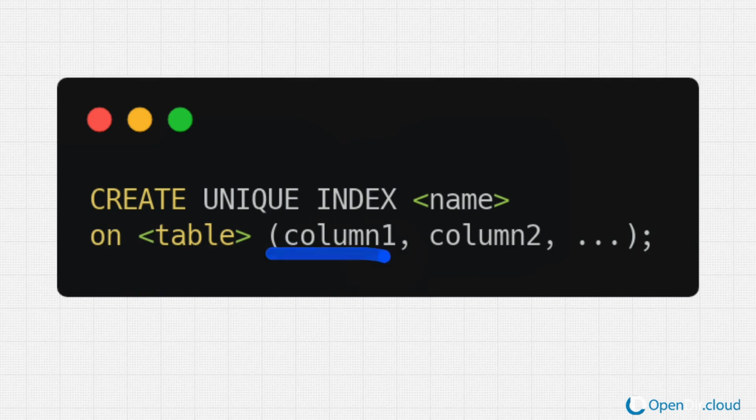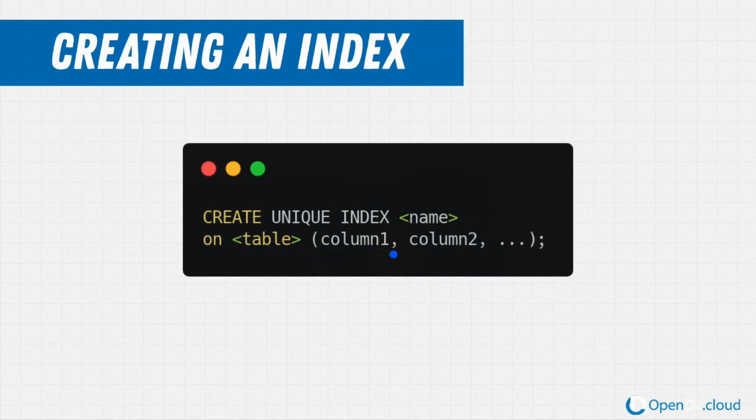Telling it which columns it's supposed to apply the index against. And when you create this index, here is where you're basically going to determine if it's a single or a multi-column index. If you add 2 columns or more, you're creating a multi-column index. If you only say 1 column, you're creating a single column index.